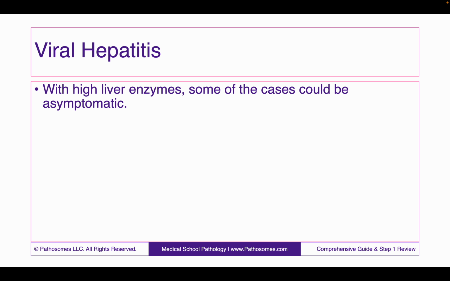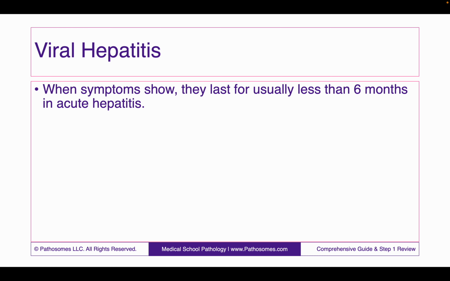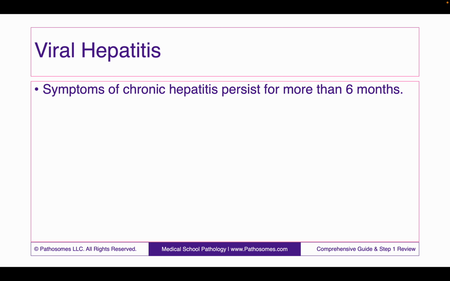With high liver enzymes, some of the cases could be asymptomatic. When symptoms show, they last usually less than 6 months in acute hepatitis. Symptoms of chronic hepatitis persist for more than 6 months.